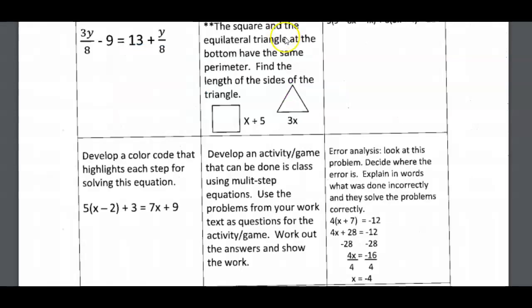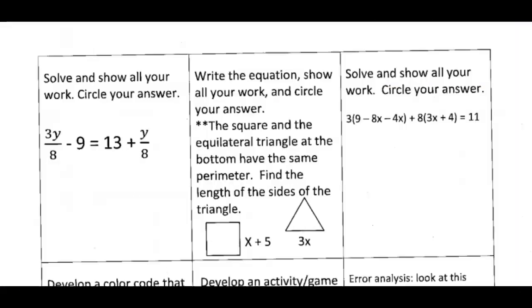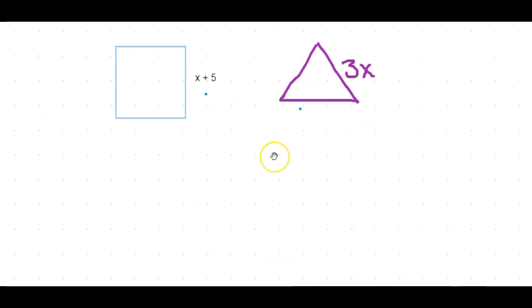And if we look at the question again, it's telling me the square and the equilateral triangle have the same perimeter. So we have to remember what perimeter is. And if we understand the definition of a square and the definition of an equilateral triangle, then that helps us. So all those definitions we learned for shapes back in elementary school are going to help us now.